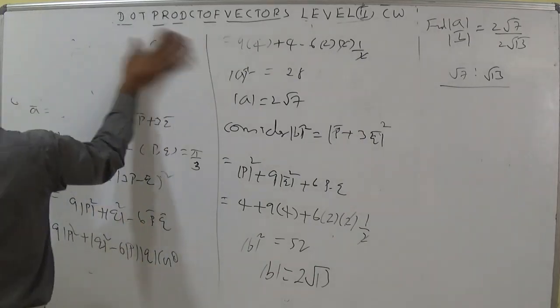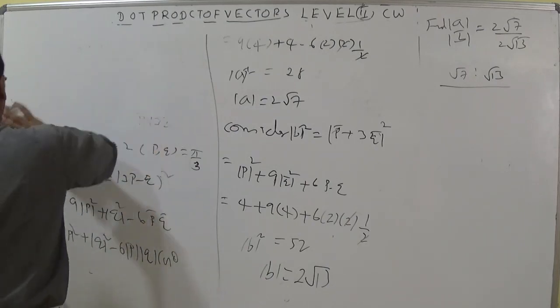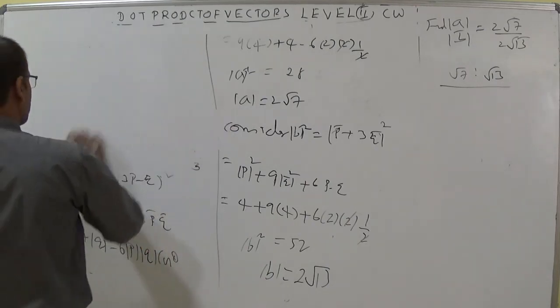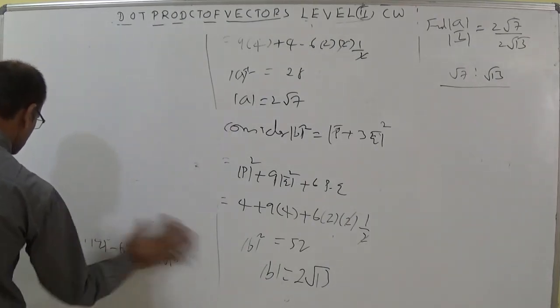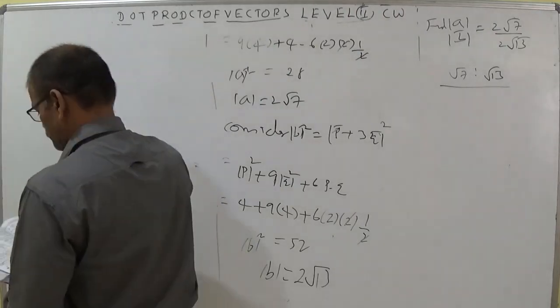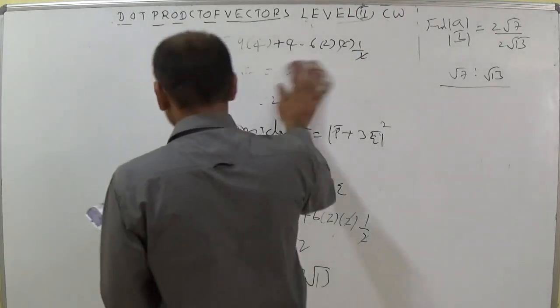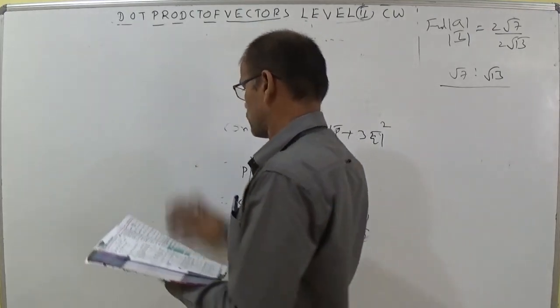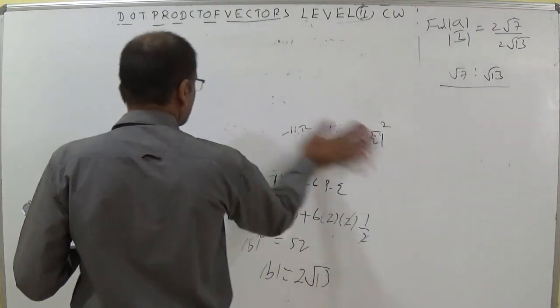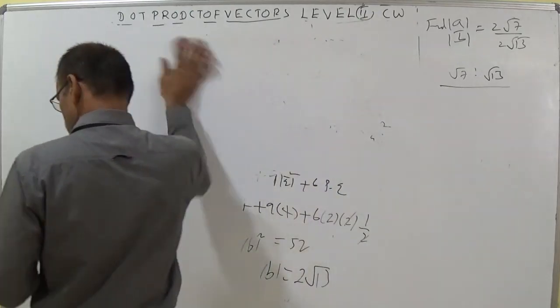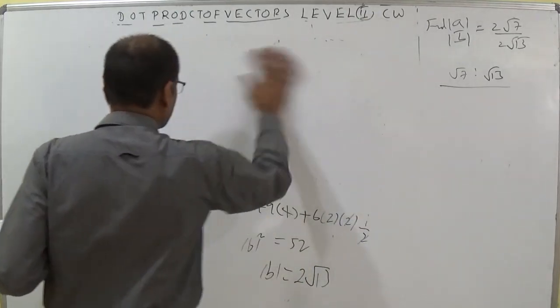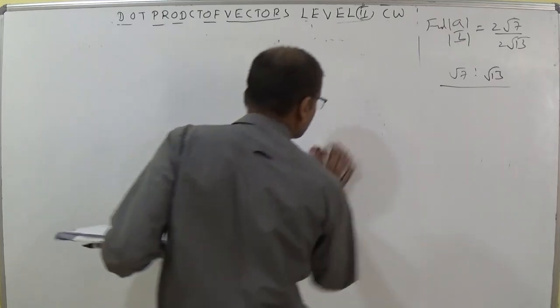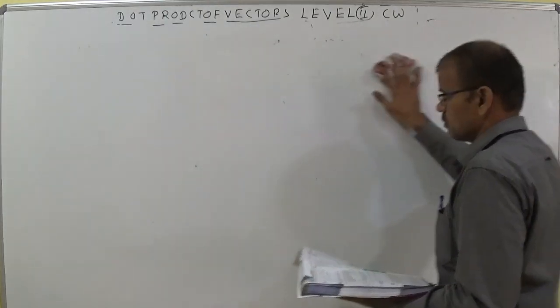13th question. Using the parallelogram property, A bar is equal to 2m plus n, he has given. The angle between unit vectors m comma n is 60 degrees. Using the parallelogram property, we should calculate the value of the sides.